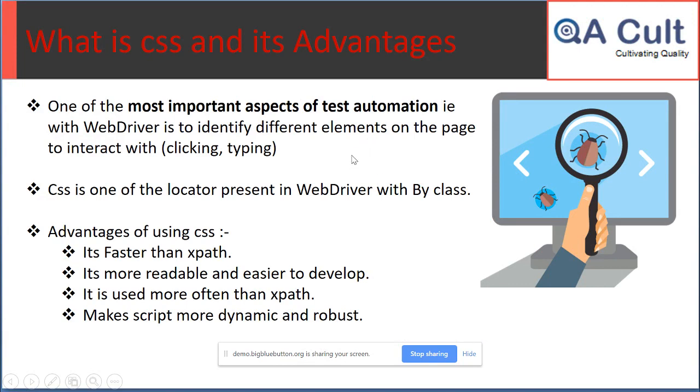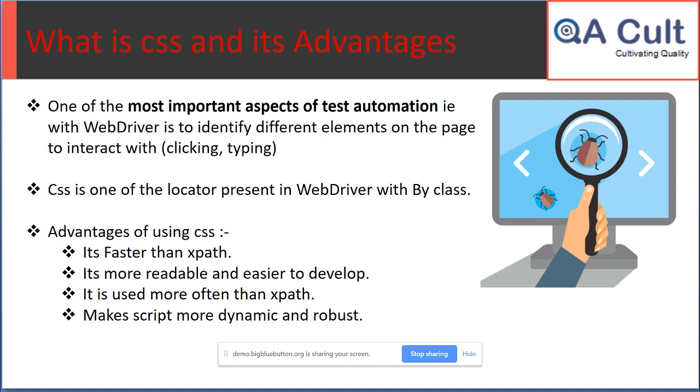One of the important aspects of test automation with WebDriver is to identify different elements on the page which are required for interacting, like clicking on it or typing on it. The web element can be a text field or radio button or drop down or a button. So CSS is one of the locators present in WebDriver with the By class.